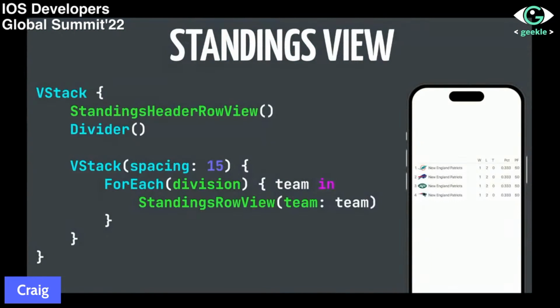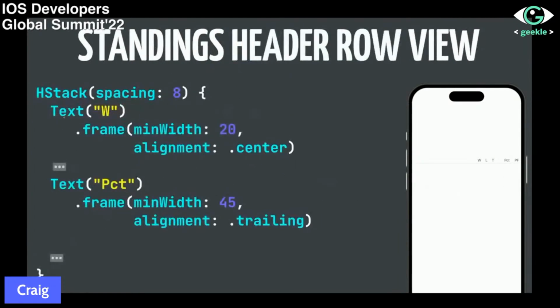So the first thing we see here is the basic design. I created a header row with a divider. I used a VStack and a ForEach to create each item. So now that I have that, I go into the row header, and I have to create an HStack. In this HStack, we have spacing that's set to 8, nothing big here.